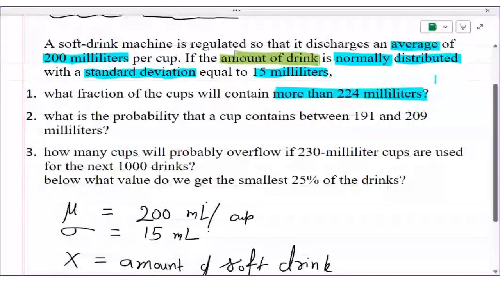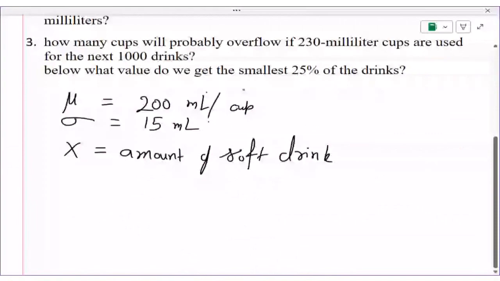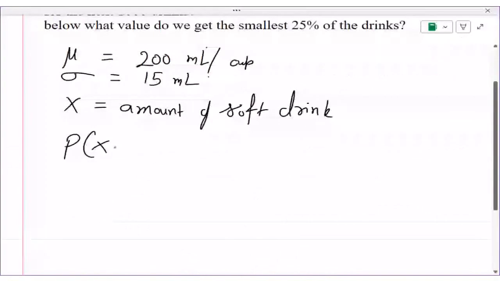So they are talking about the amount of drink. In the first part, they are asking what fraction of the cups will contain more than 224. So first of all, we will find the probability that a particular cup contains more than 224 milliliters. So we need to find the probability that the amount of soft drink in any cup is more than 224 milliliters. So this much is clear.